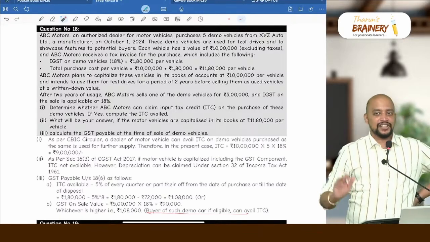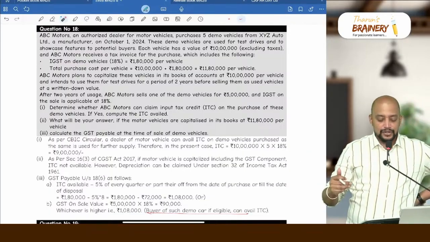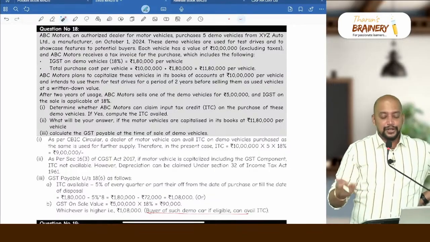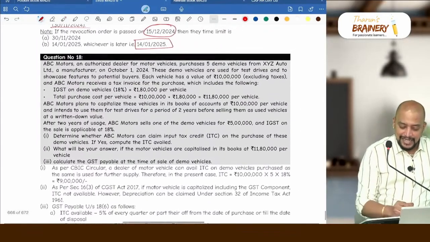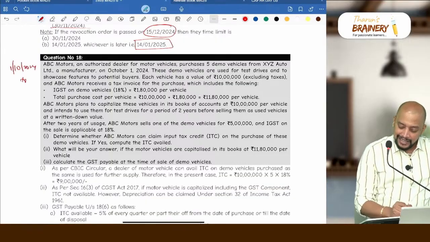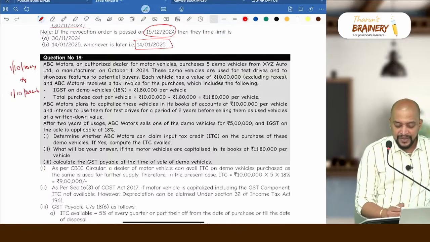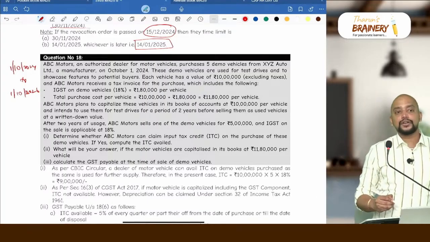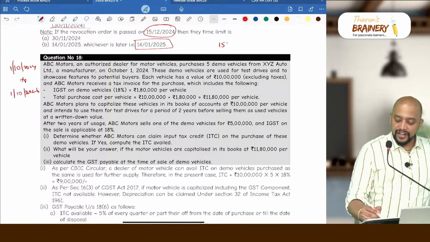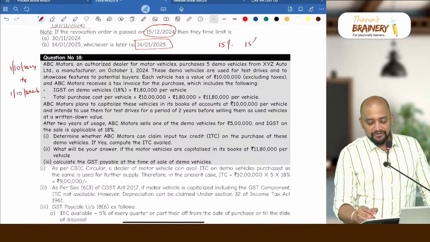So we can take that full year 15%, and next year, 2025-26, there also we can use, yes, because see here, date of purchase is October 1, 2024 to date of sale. Date of sale is October 1, 2026. So now in this case, for 2024-25 you will claim 15%. Then again for 25-26 you will claim 15%.